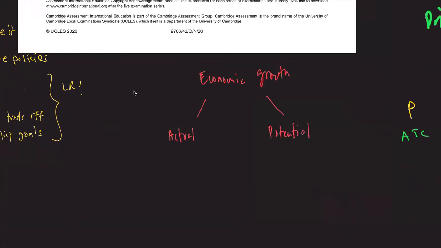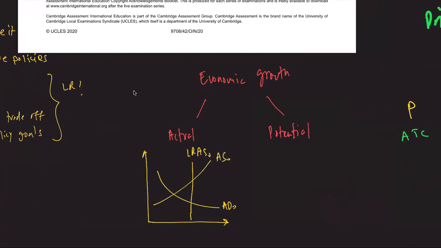Actual is basically when, if this is your LRAS and this is your AD and AS, a rise in AD, this is your actual growth, right? And potential growth will be a shift of the LRAS, right?